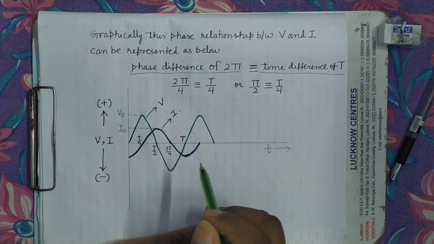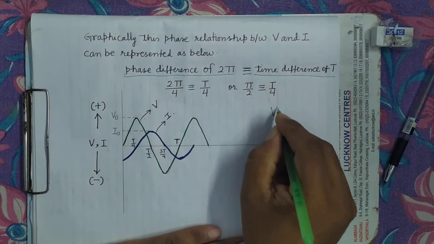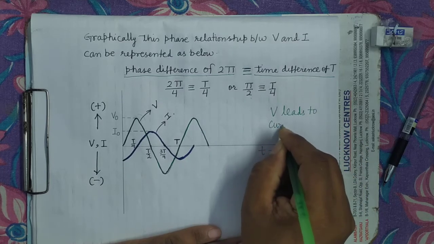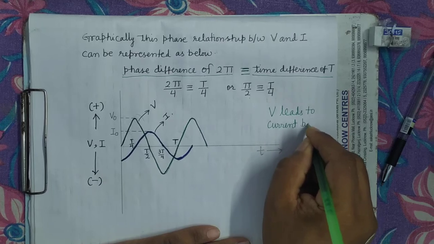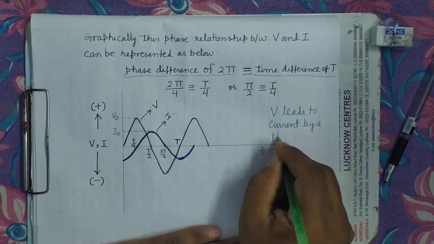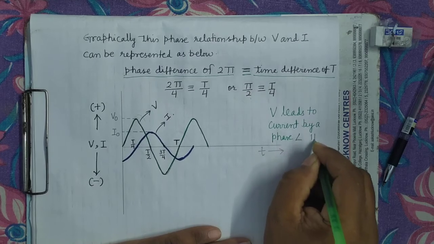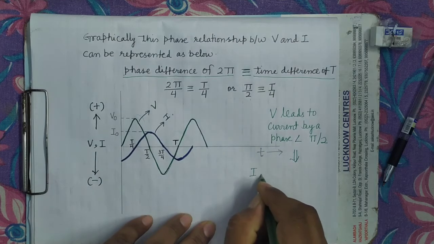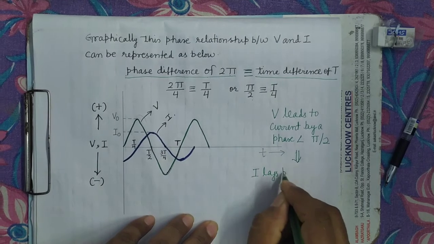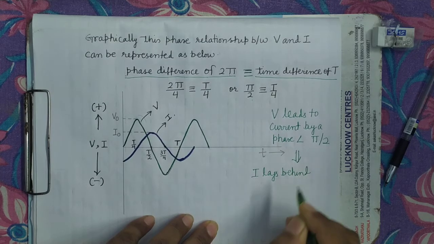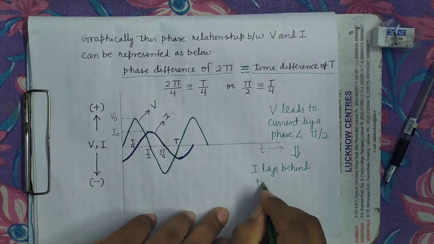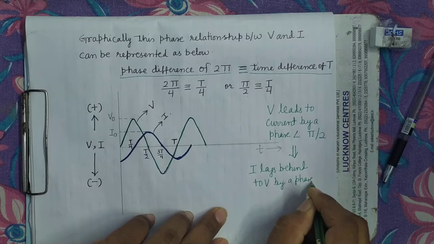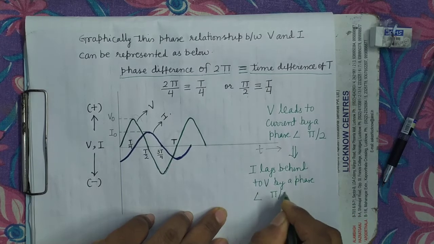You can see here voltage V leads current by a phase angle pi by 2, or we can say I lags behind V by a phase angle pi by 2.